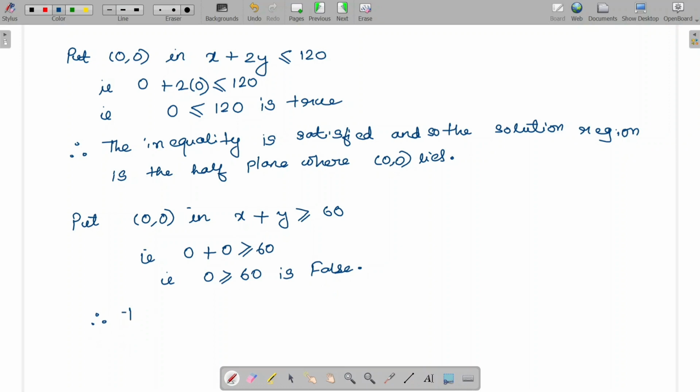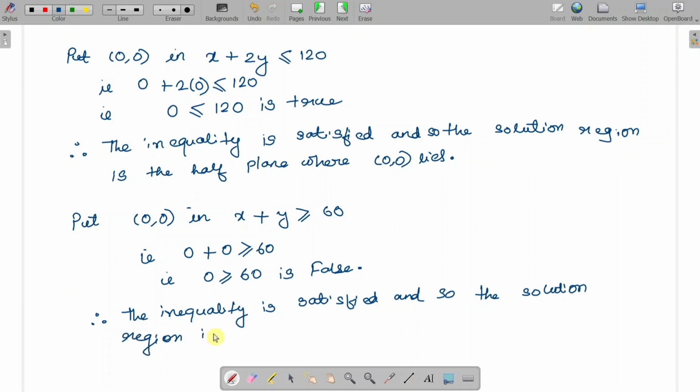So therefore the inequality is not satisfied, and so the solution region is the half plane where 0, 0 does not lie.